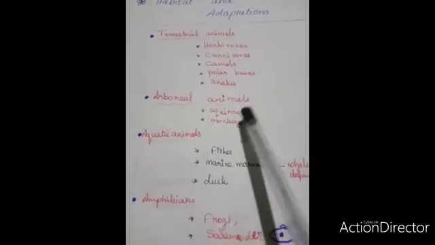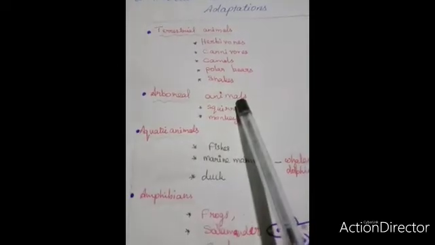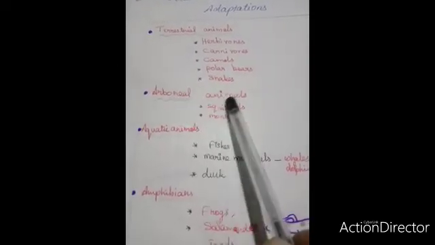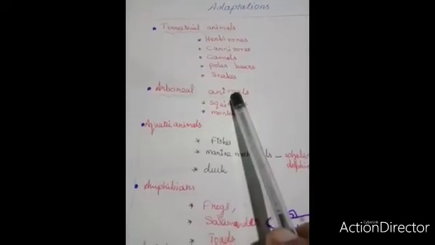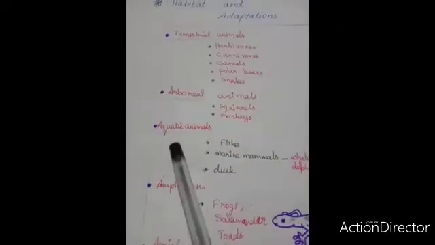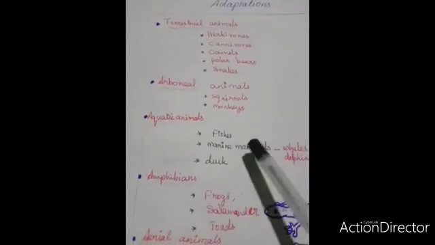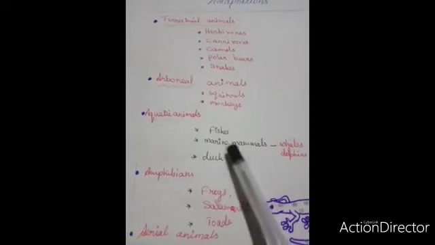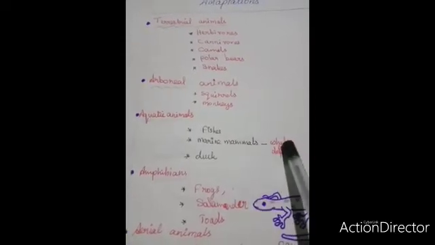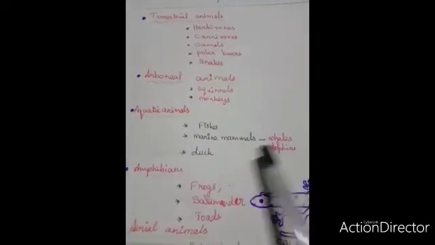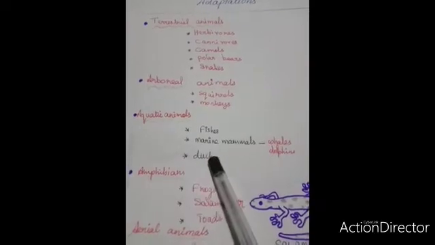And squirrels and monkeys are arboreal animals. Arboreal animals are animals which live on trees. Aquatic animals are water animals. Examples, fishes, marine mammals like whales and dolphins, and aquatic birds like duck.